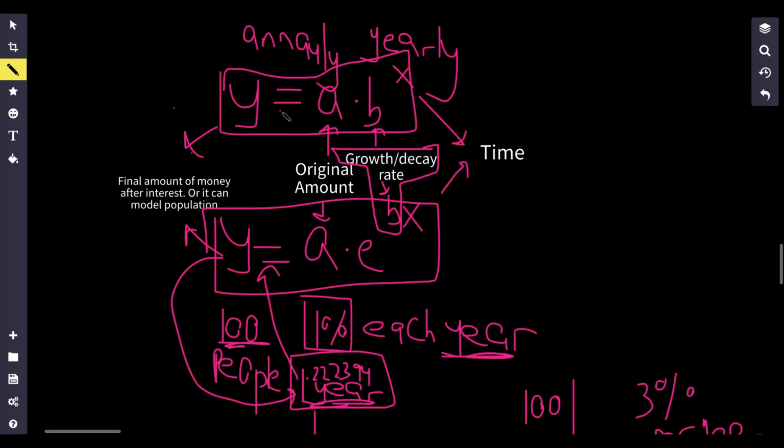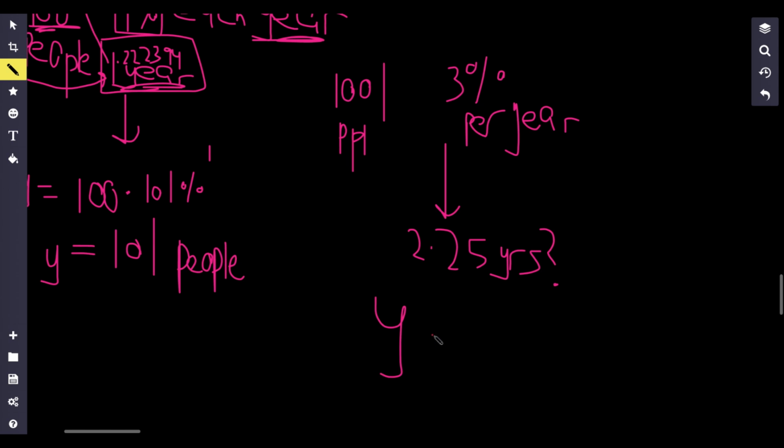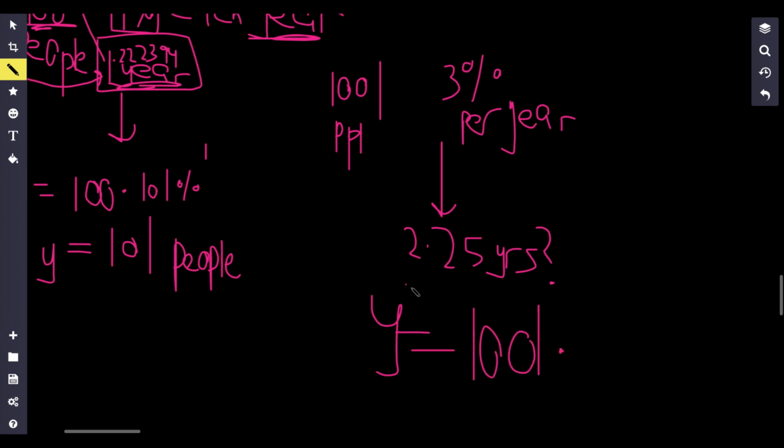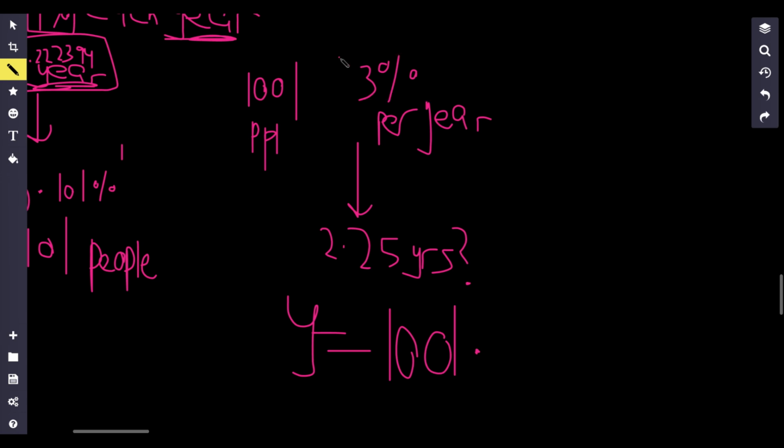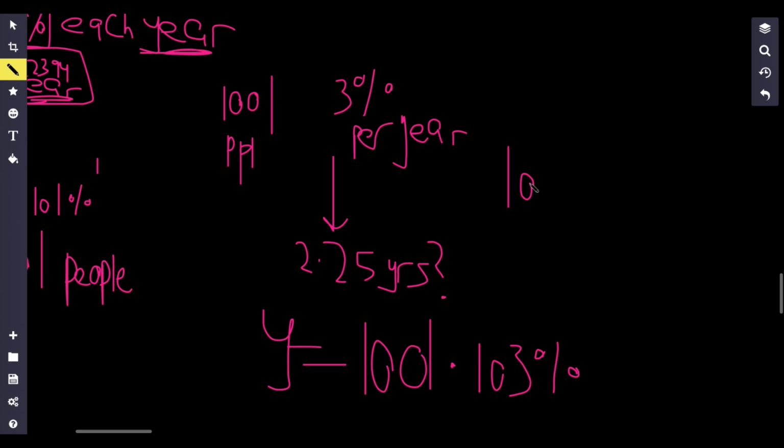So my first equation is a bit simpler. It's just y is equal to my original amount times the growth rate. In this case, growth rate is 3% per year. So that's going to be 103% of what I originally had, right? Originally, I started out with 100% of my population. If it's growing by 3% per year, then it's going to be 103%, right? So it's 3% plus this 100%.